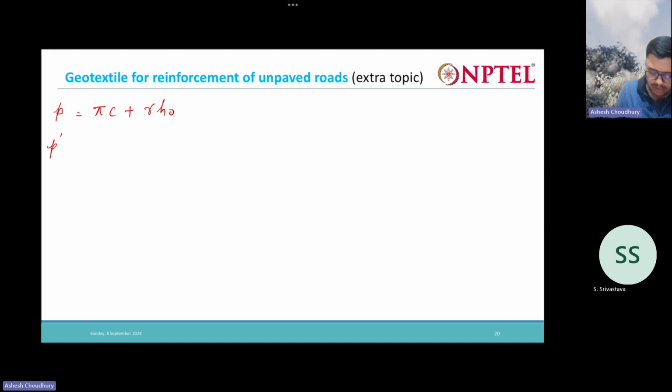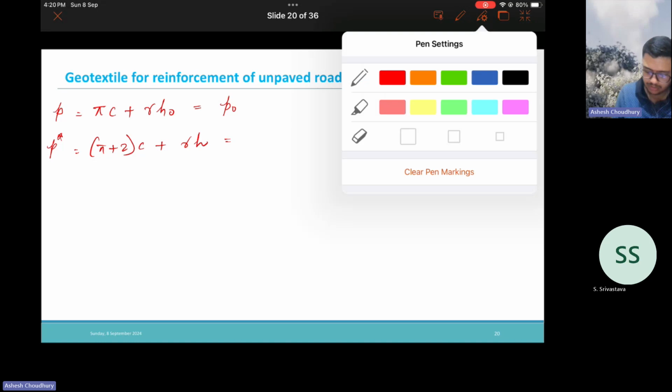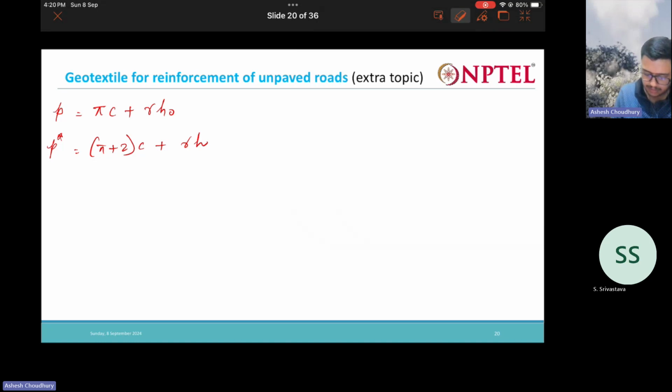But when we use a geotextile reinforcement, this elastic limit increases to this. So from pi c it will be pi plus 2c. So this you can equate to P naught, and this you can equate as well. We will see how to do that. Let me mark this as 3, this is 4.